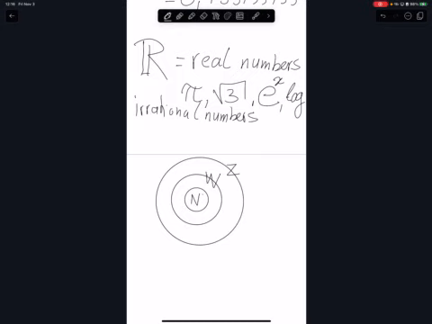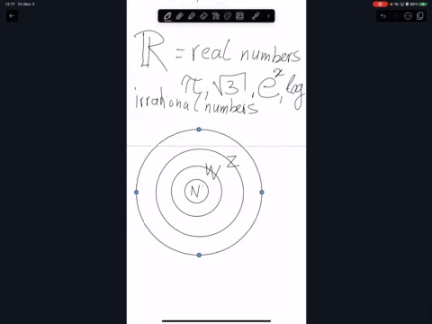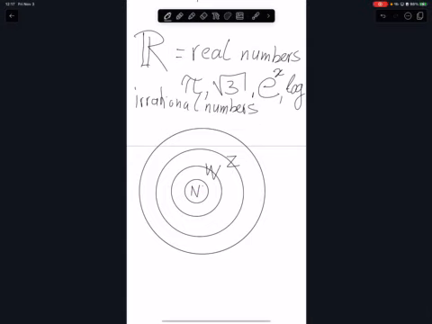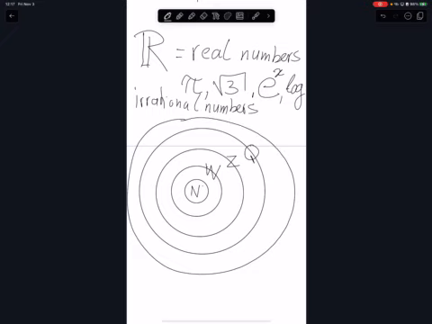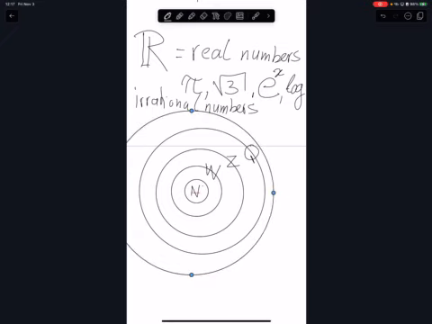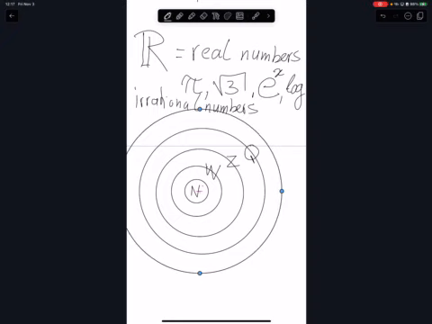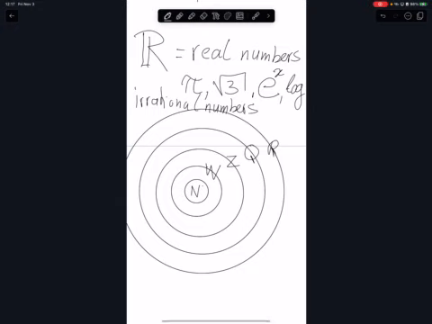Yes? After that, you have the rational numbers. And lastly, you have the rest of the numbers, which are the real numbers. That's how you look at it.